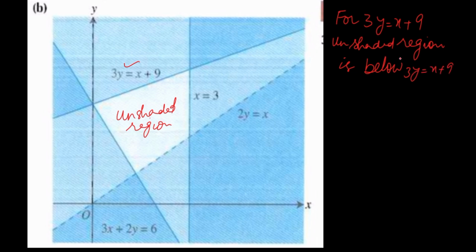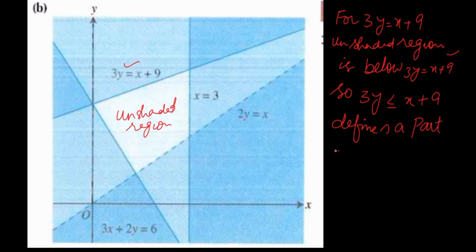The unshaded region is below 3y is equal to x plus 9. So 3y less than or equal to x plus 9 defines a part of the unshaded region.